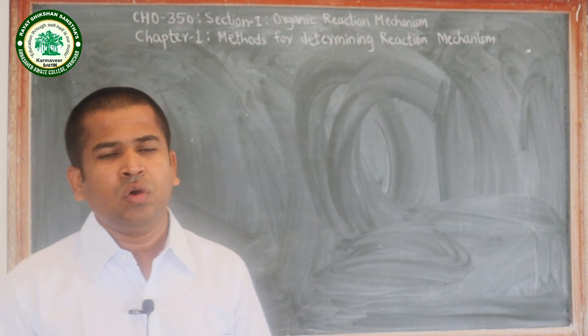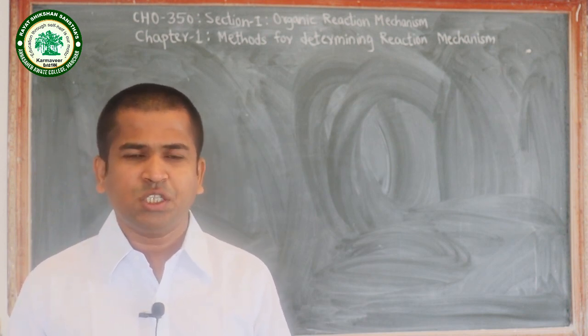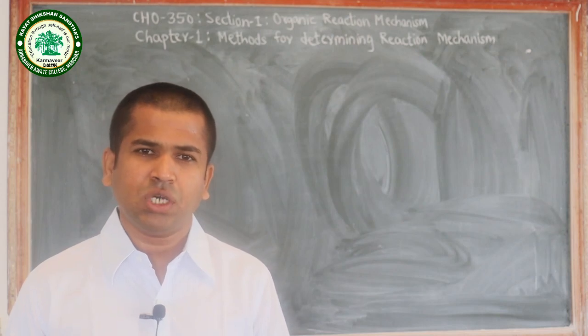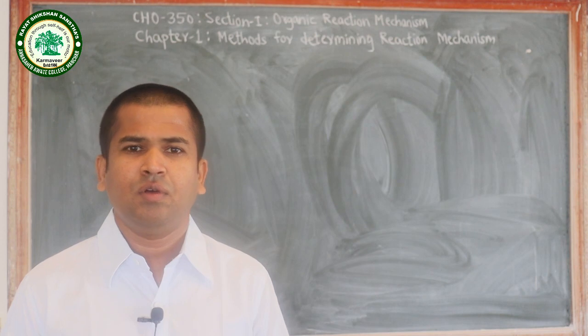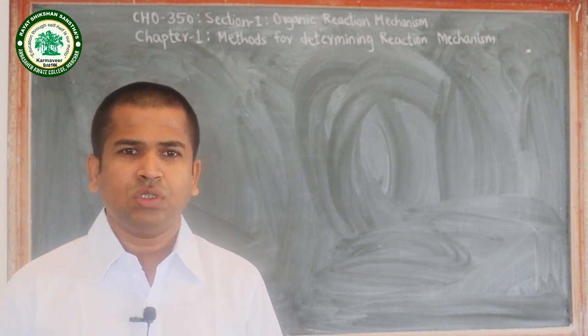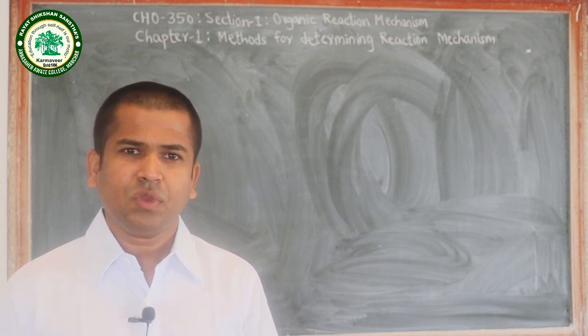As we know, for a reaction to happen, the reacting species must come closer to each other in a specific orientation. For example, suppose an E2 reaction, an elimination reaction.